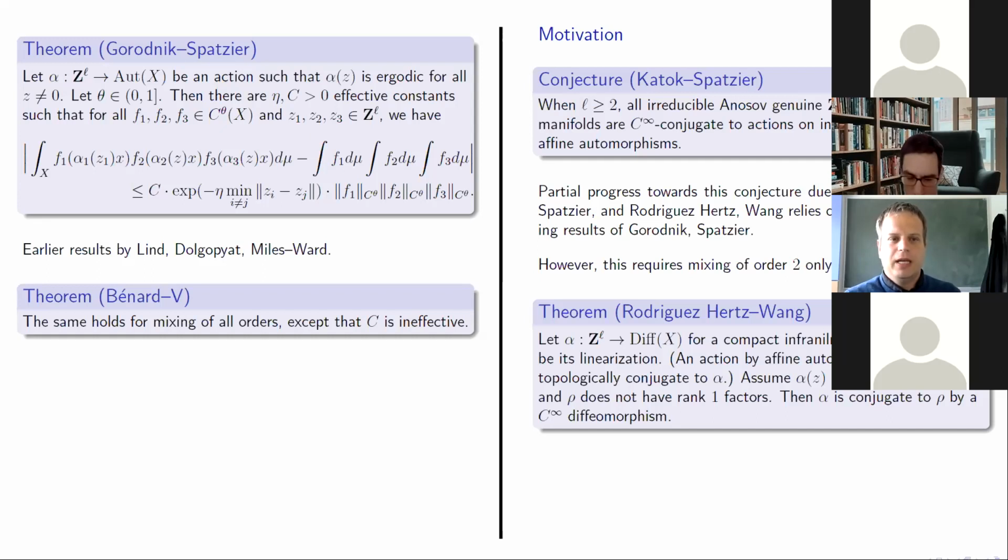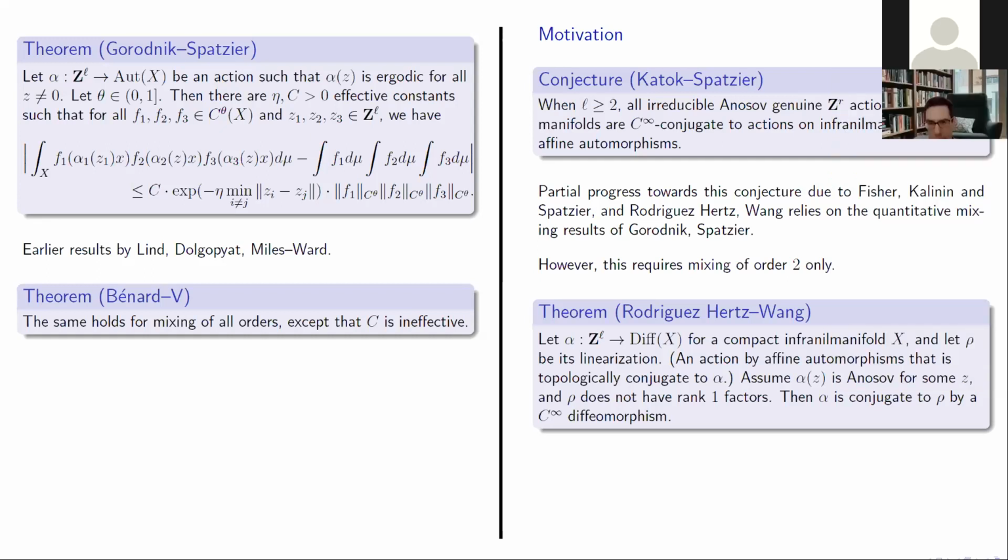What I'm saying is that one way to make a non-genuine Z^l action would be to have an action of Z, then map Z^l to Z and act this way.